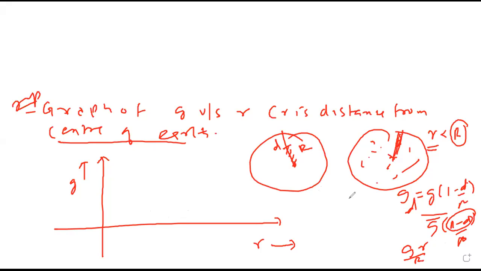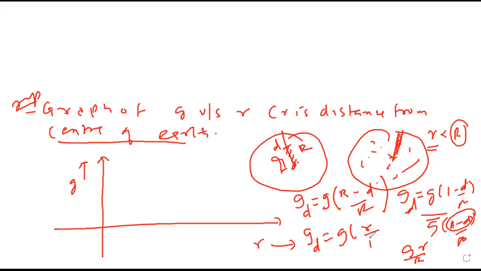So g_d is g into 1 minus d by R, which becomes R minus d by R. R minus d is the distance from center. Now g is constant, capital R is constant. Can I say g at depth is directly proportional to distance from the center?